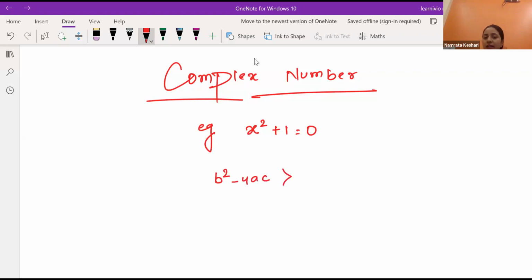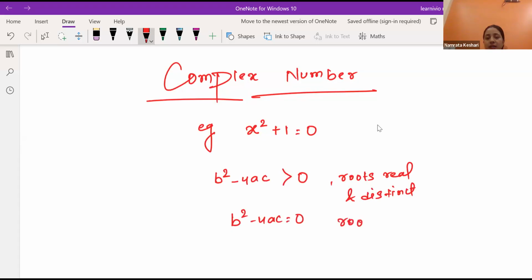If that is bigger than 0, then the roots are real and distinct. Yes, miss. When b square minus 4ac is equals to 0, then roots are real and same. And when b square minus 4ac is smaller than 0, then roots are not real, right?